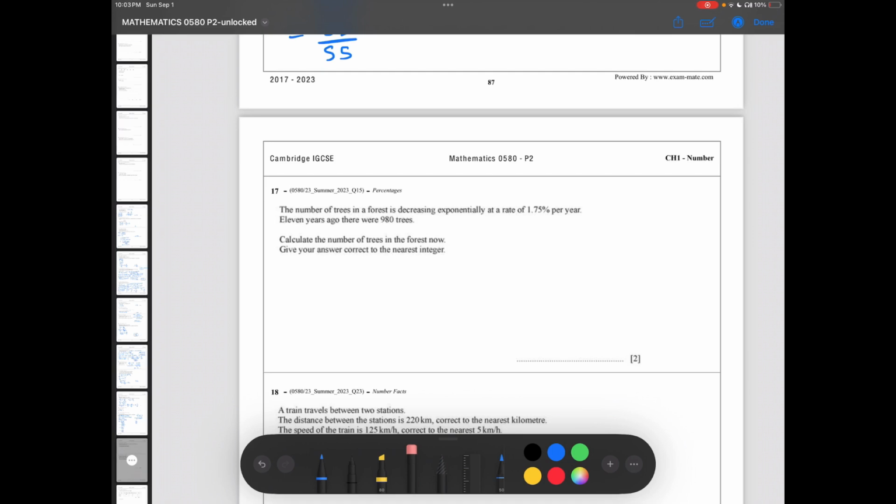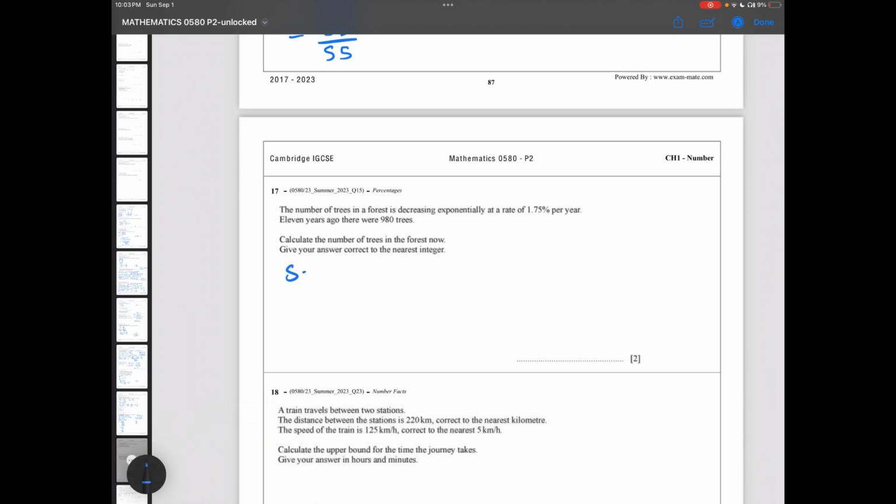So in order to solve this question, I will write the formula for simple interest. Simple interest is equal to P multiplied by R multiplied by time. P means principal amount, R is the rate, T is the time, and S.I. means simple interest.